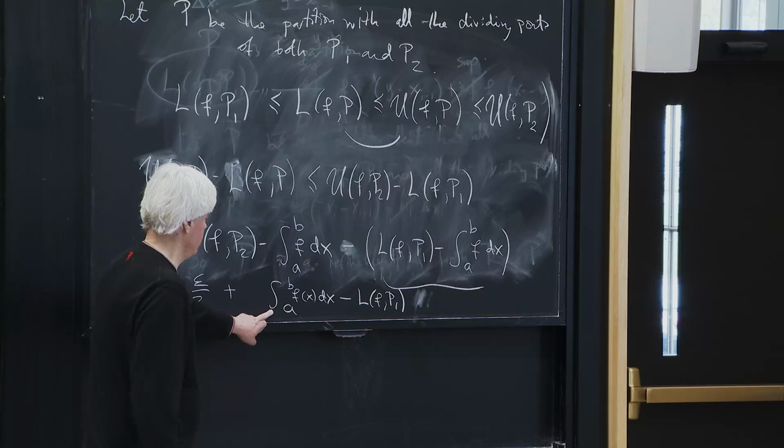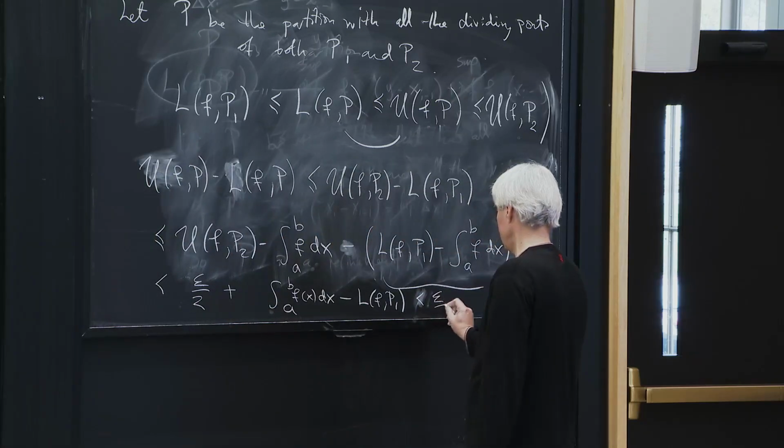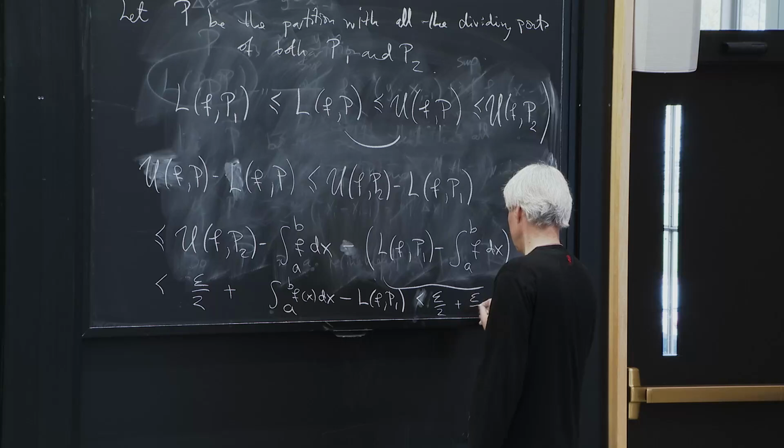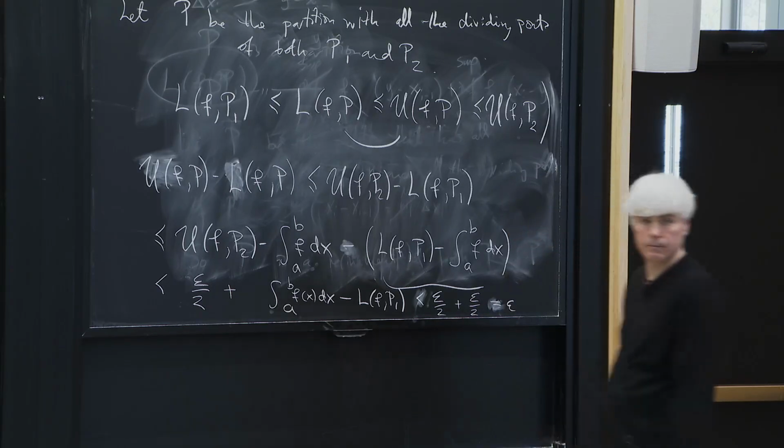But this thing here was bounded by epsilon over 2 also. So epsilon over 2 plus epsilon over 2 is equal to epsilon, right?